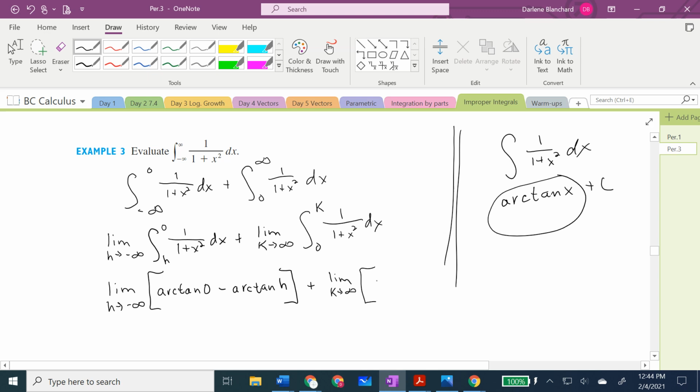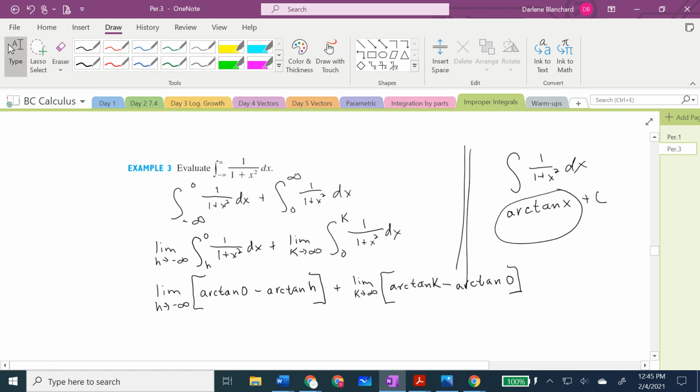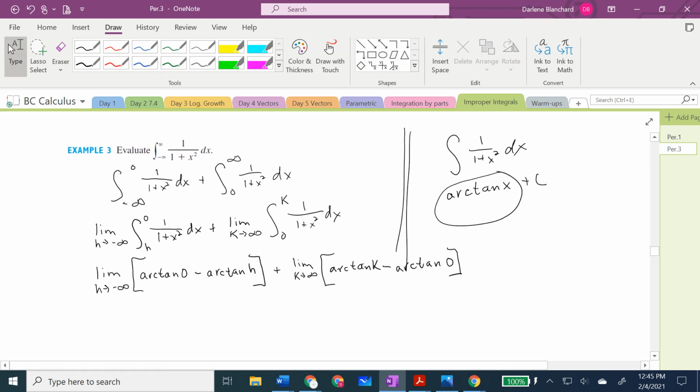I plug the k in, minus I plug the 0 in. You have to know how to use the unit circle on the AP exam. You have to be able to finish up trig when those are the numbers involved.